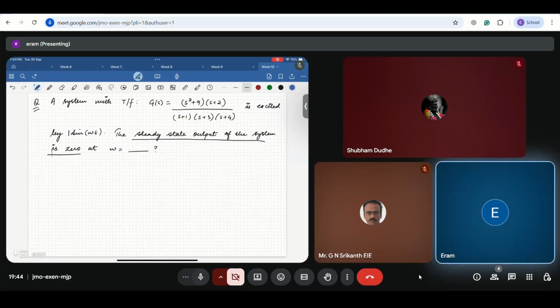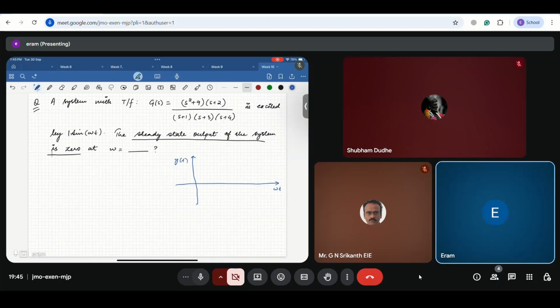So what does this mean is that if you plot the response or magnitude of g of s, or the time response, maybe you can say, so let's call it as y of t.